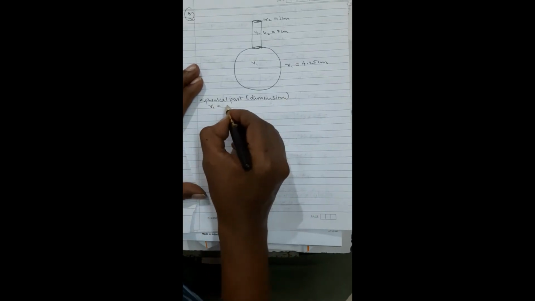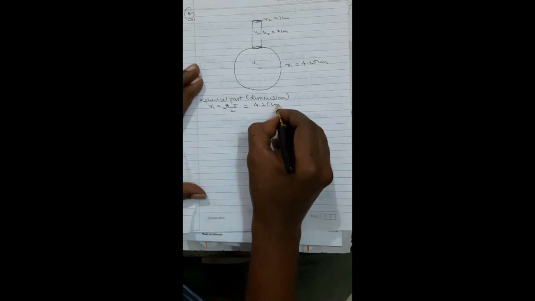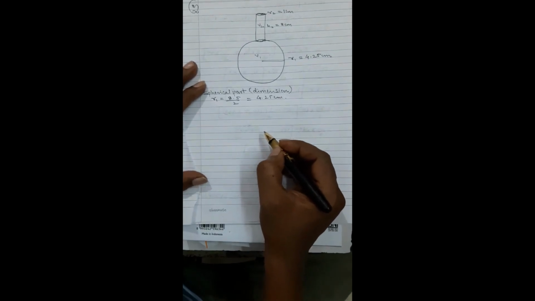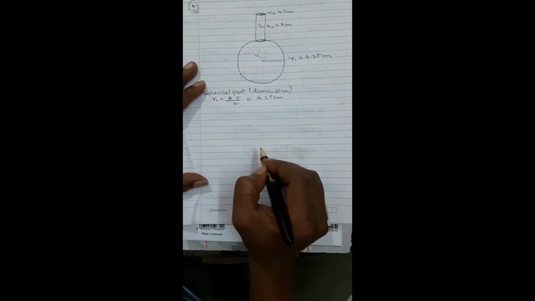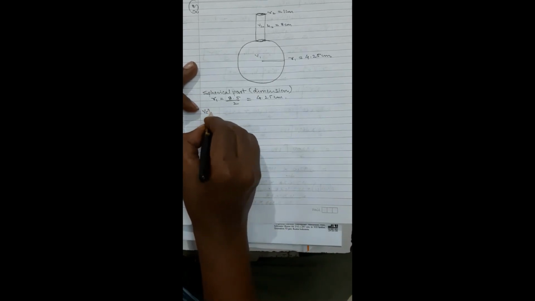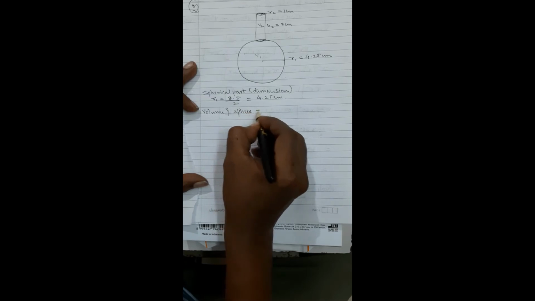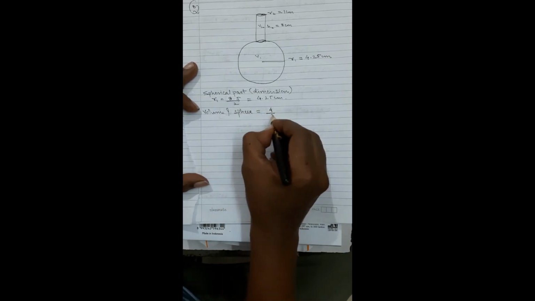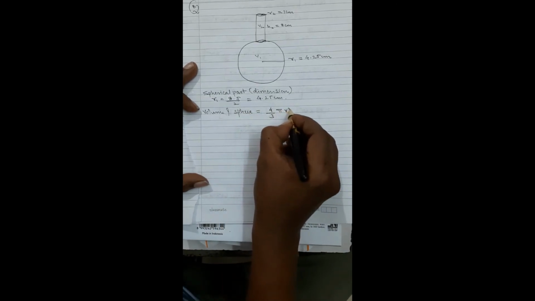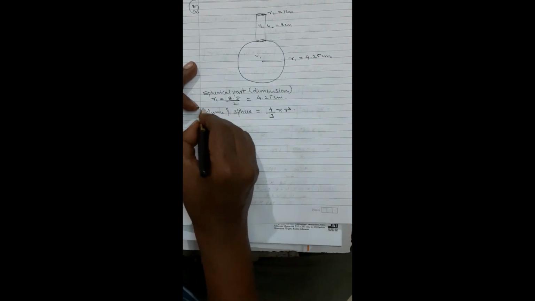R1 is equal to 8.5 divided by 2, which is 4.25 centimeter. This is the R1. So now the volume of sphere is equal to what? Volume of sphere is 4 upon 3 pi R cube. This is by formula.